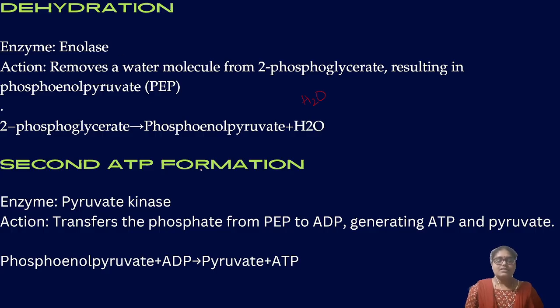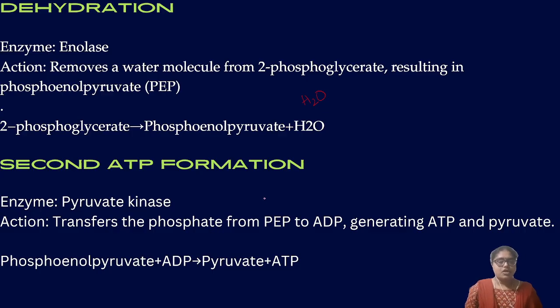And last reaction is second ATP formation. It is also a substrate level phosphorylation. Here it transfers the phosphate from phosphoenol pyruvate to ADP, generating ATP and pyruvate.